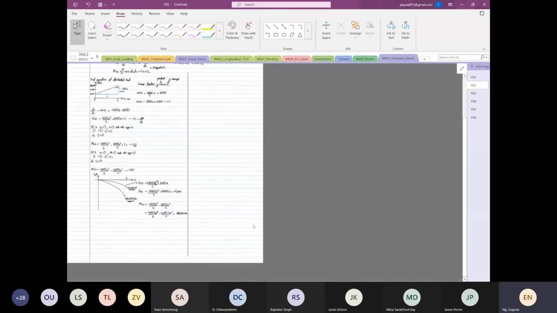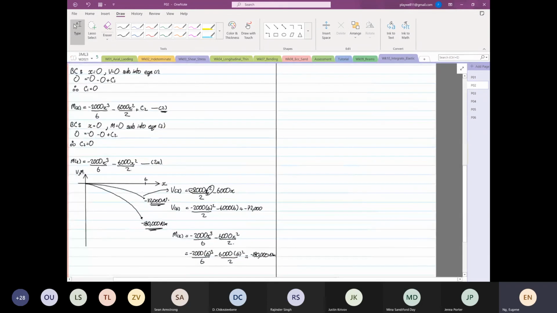I deliberately now draw a line in the center, and I'm going to show you what if we were to use our old method. When I say old method, we are going to use positive shear and positive bending moment.